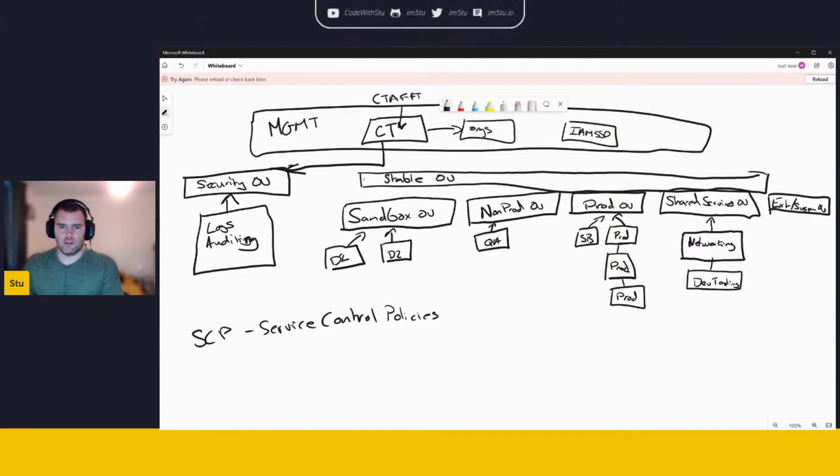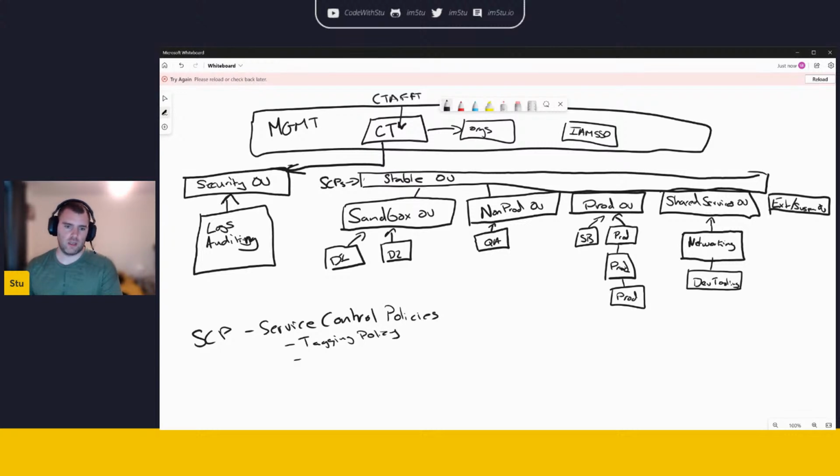So with AWS Organizations, you can create this hierarchical nature between organizational units. Anything that we apply at the stable OU level will be applied across sandbox, non-production, production, shared services, and external systems. So we're going to want to apply our SCPs at this level to make it apply to everything else. So we may want to institute a tagging policy.